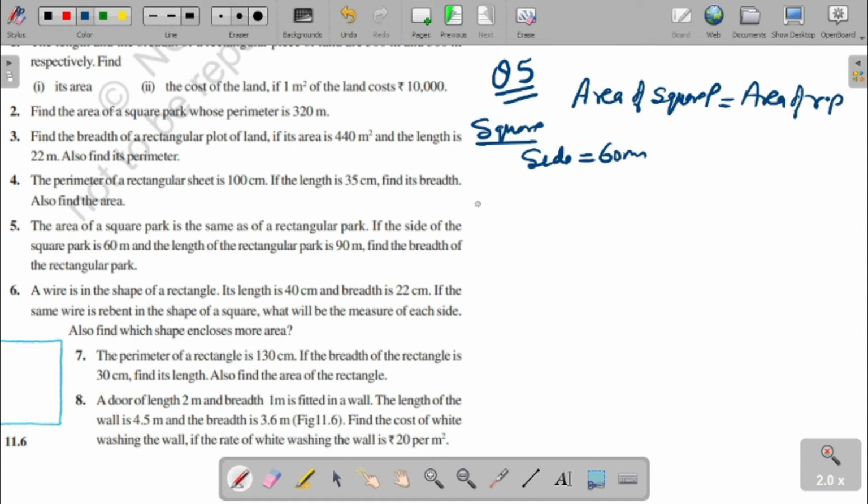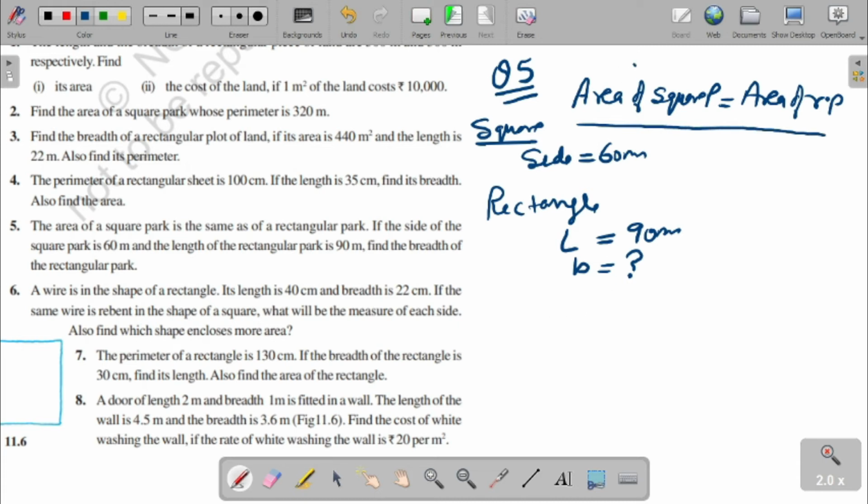So the length of the rectangle park is 90. In case of a rectangle, the length is given as 90, and the breadth we don't know. Breadth we have to calculate. So we use this relation.